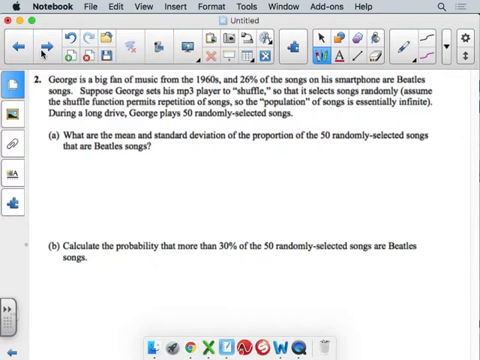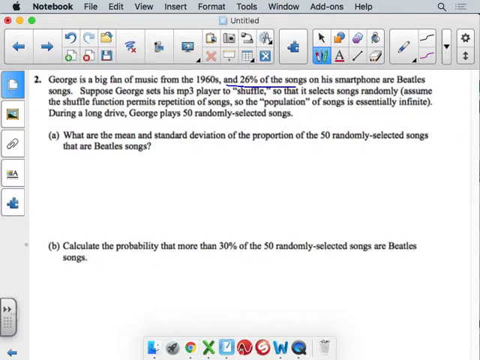So George is a big fan of George Strait, and 26% of his songs on his smartphone are the Beatles. Oh wait, I thought it was... no, it's just about the Beatles.